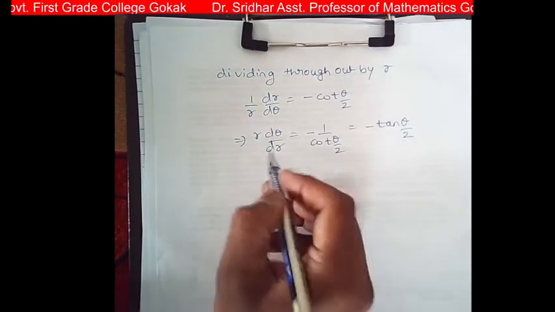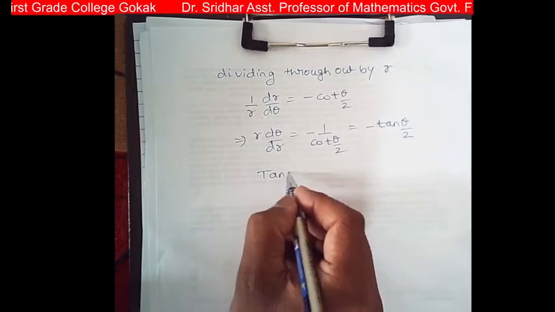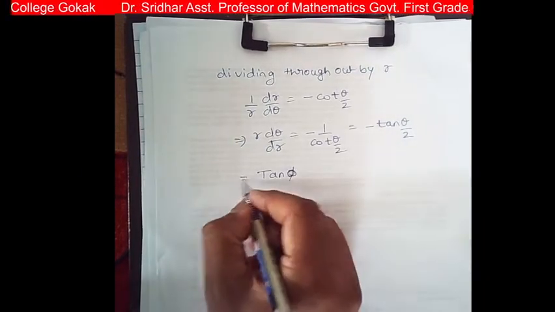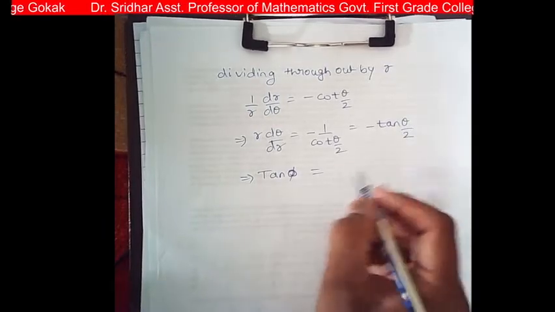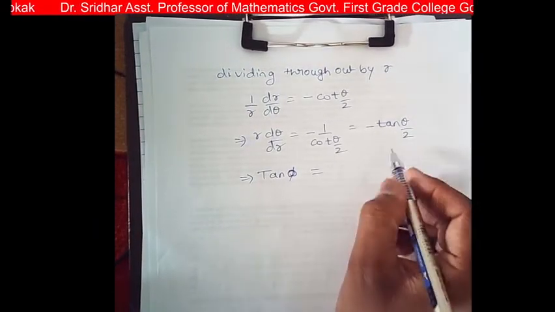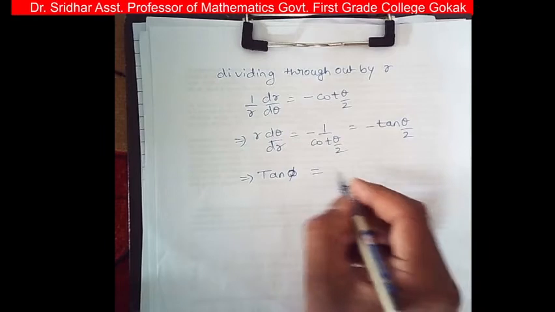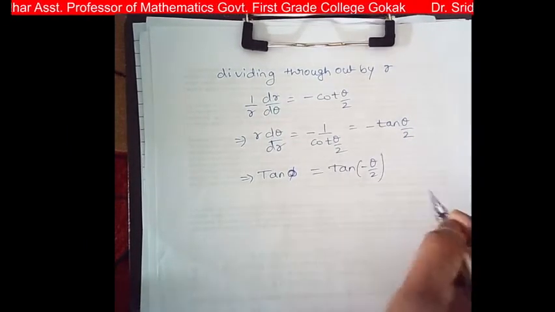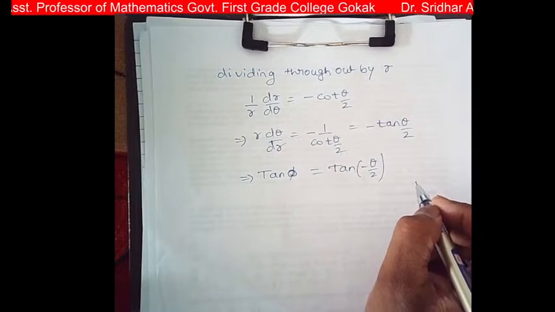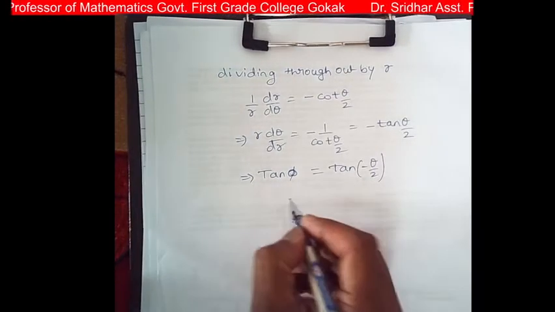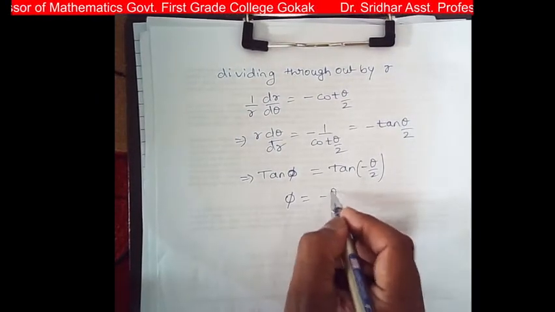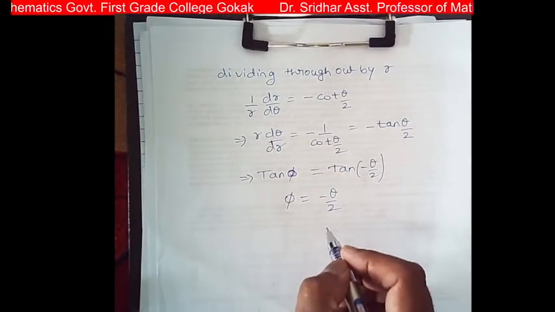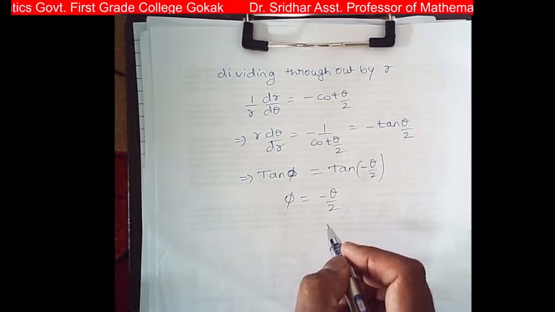Okay, now this is nothing but the angle between the radius and the tangent, that is tan phi, which is equal to this, minus tan theta by 2. It is same as tan of minus theta by 2. Okay, so on both the sides tan will get cancelled, so phi gives minus theta by 2. Phi is equal to minus theta by 2 you will get.